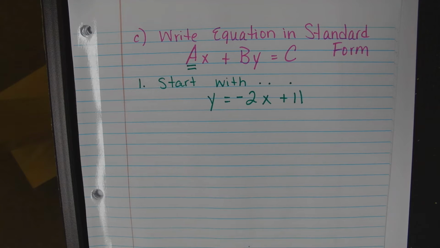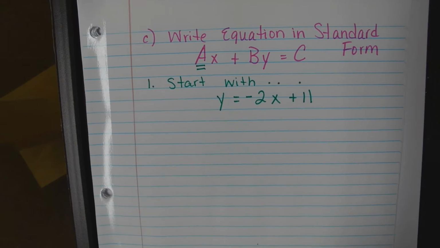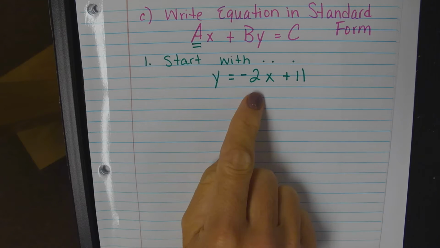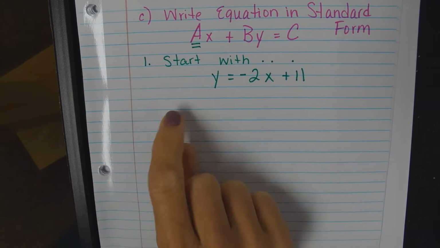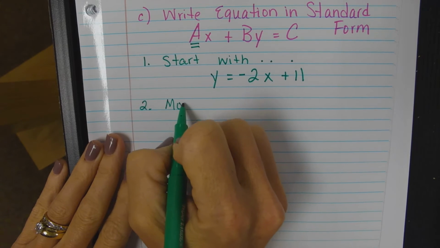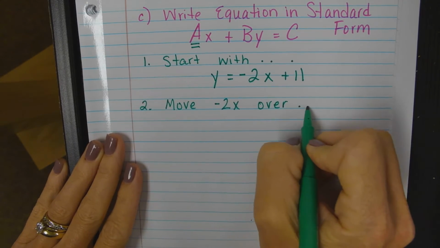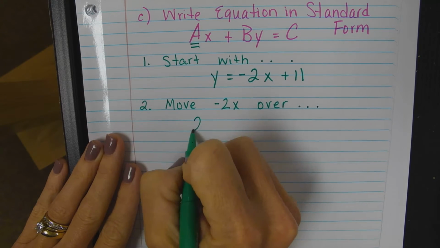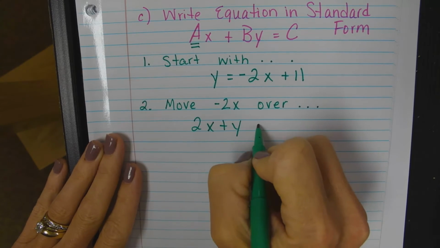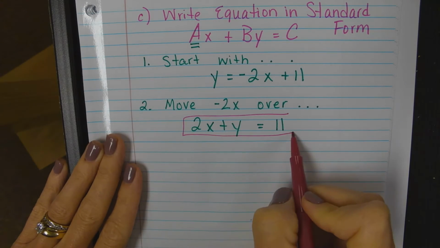What is C here? 11. You know C because it's the one that has no x or y. So what do I move over? The 2x. It's negative. When I move it over, it becomes positive. Move 2x over, and your final answer is 2x plus y equals 11. And that is it for that example.